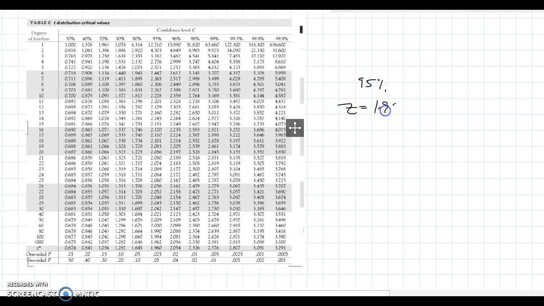Now that's not the case in this question, but just to give us a grounding, Z equals 1.96 for a 95% confidence interval. You see the 95% is up there, but we're dealing with 85%, and it's not even on the table, so it's going to be somewhere between these two figures.